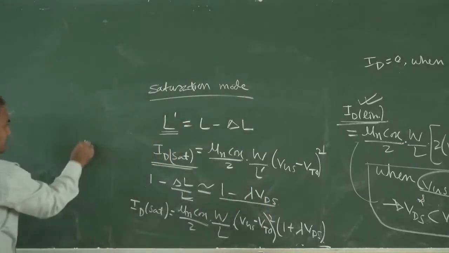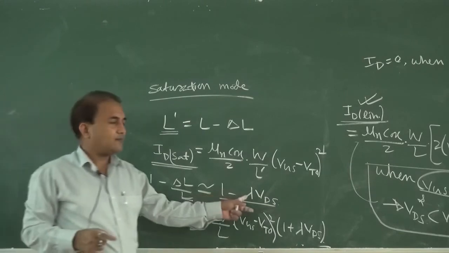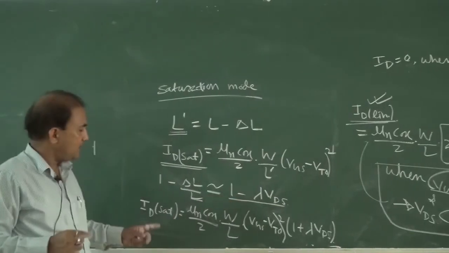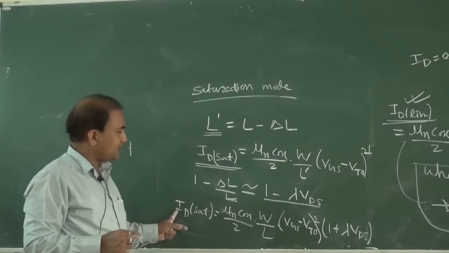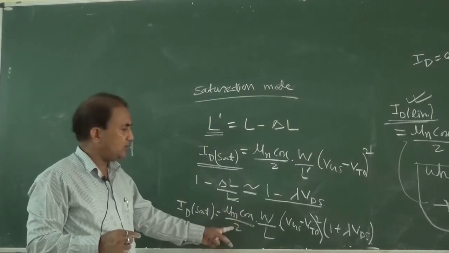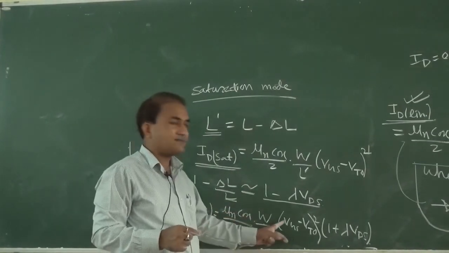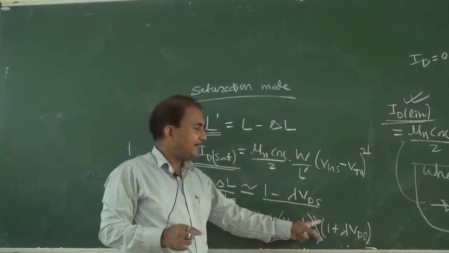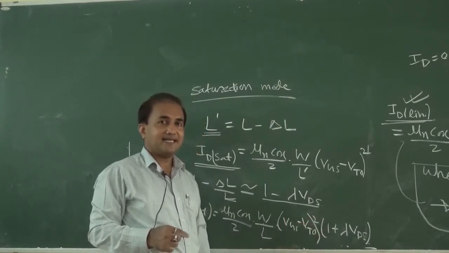What is this lambda? Lambda is the channel length modulation coefficient. So it is equal to mu n Cox by 2 into W by L into VGS minus VT naught square into 1 plus lambda VDS.